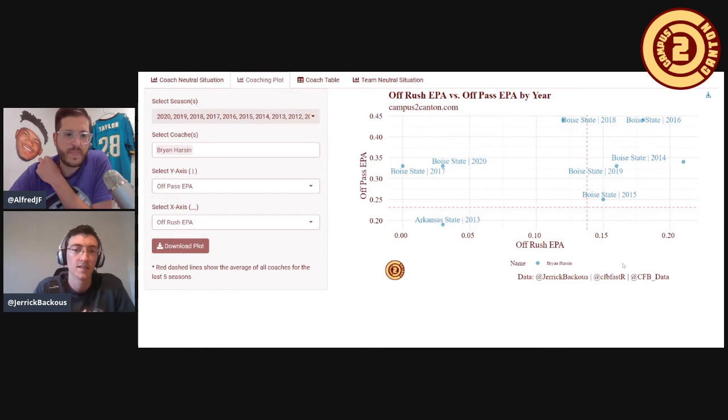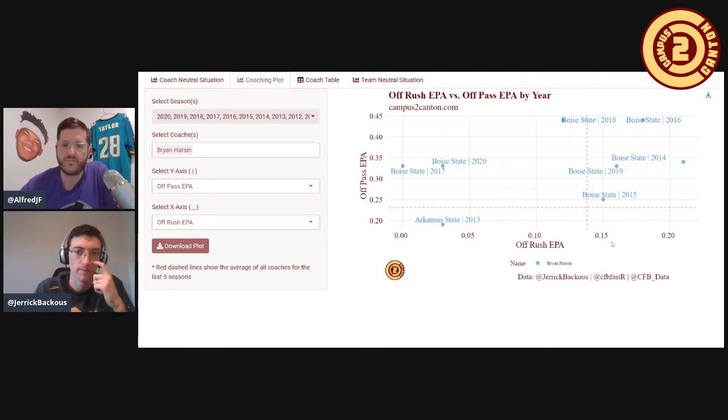Yep. So what I see when I look at this is the red lines, horizontal and vertical, are your averages for the entire league. You can see here most of his seasons have been above the average for his offensive passing EPA, and most of his seasons were above average in rushing EPA as well.